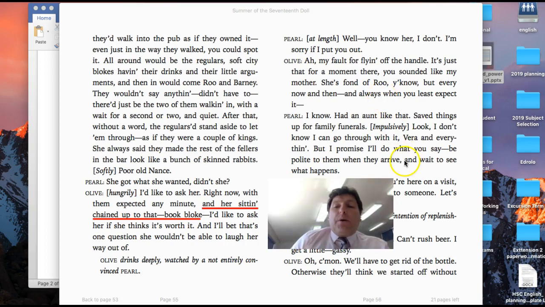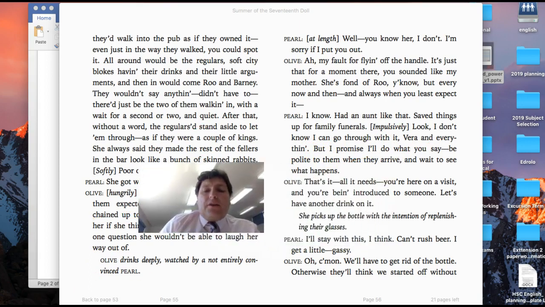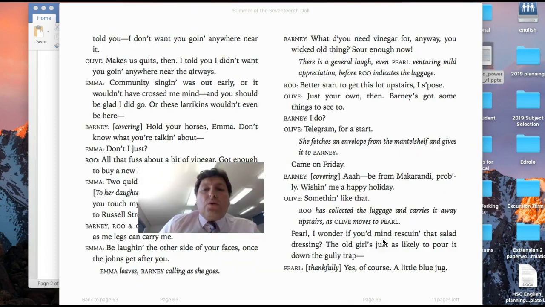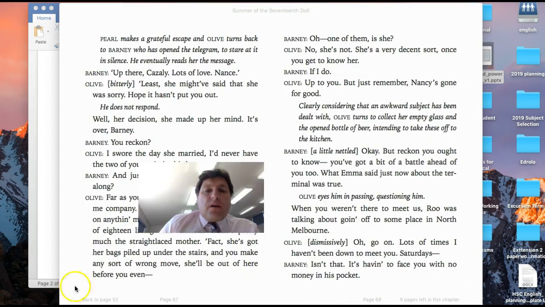We start to see Pearl speak the same way, or lose her own sort of self there. You can see this here, and it goes on and on like that. So she is starting to actually let her guard down, I suppose, as she continues to speak to Olive.